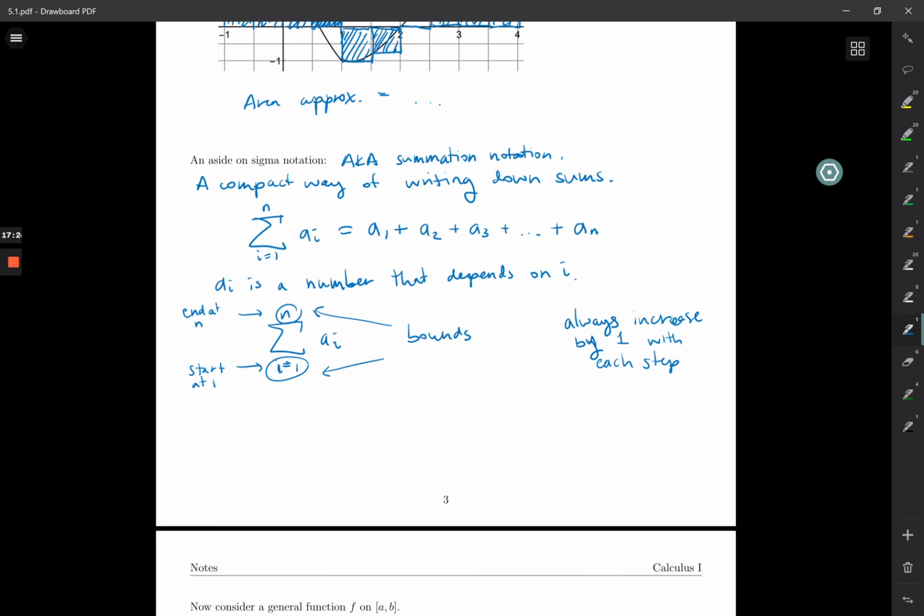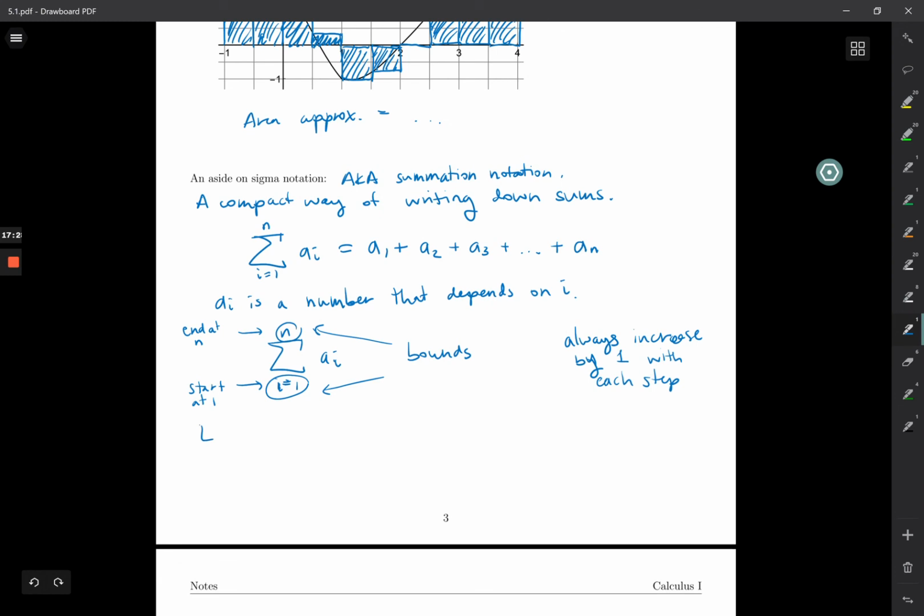Okay, so let's see an example. I will actually have an actual number for our stopping point, so i equals 1 to 5, and the thing that we will be summing will be 2 to the i.